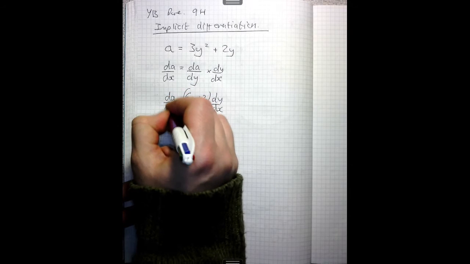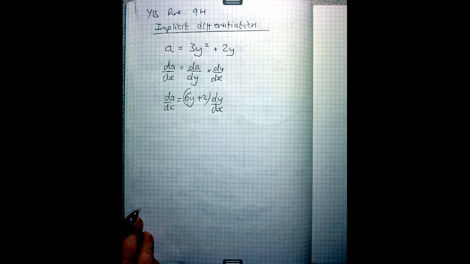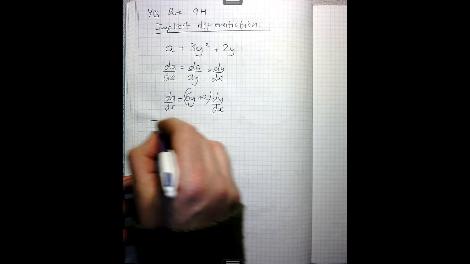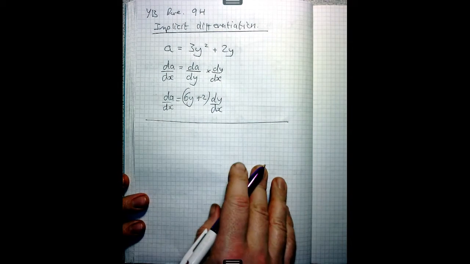That is an expression for dA/dx. Now, as abstract as that looks, it's useful when we have expressions that are functions of both x and y, and it's either difficult or impossible to make x or y the subject.